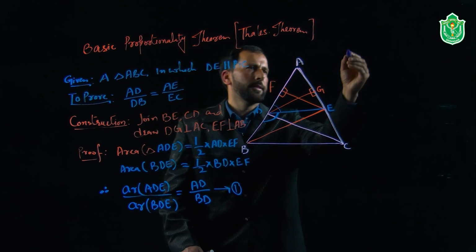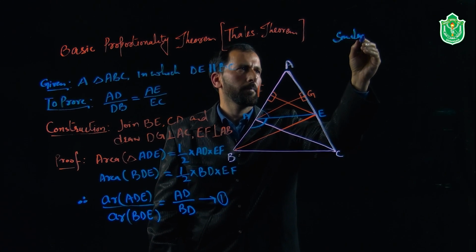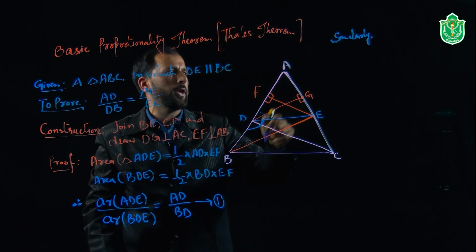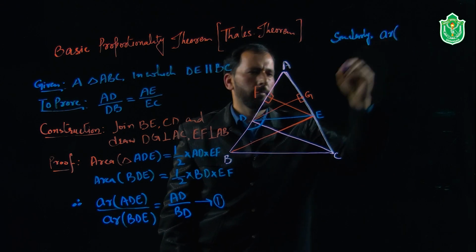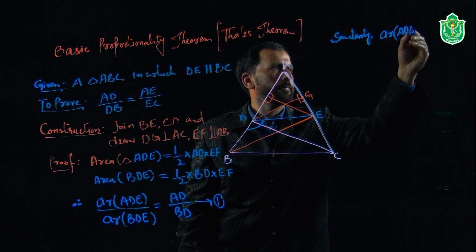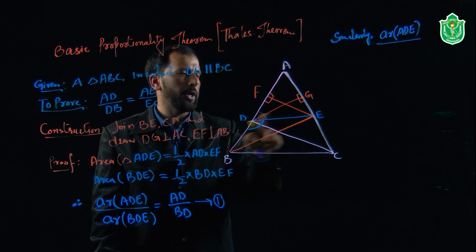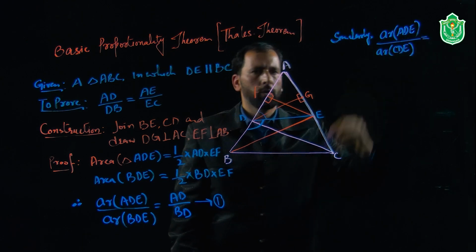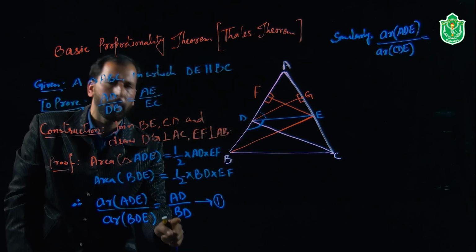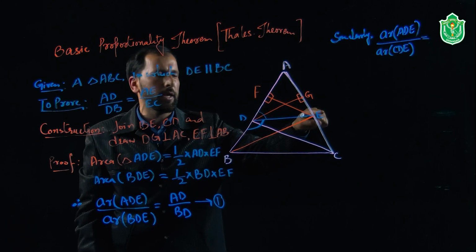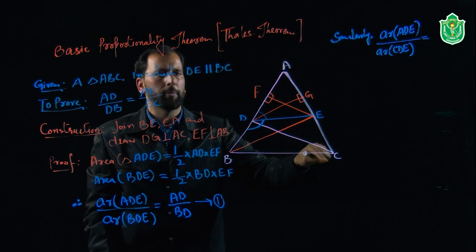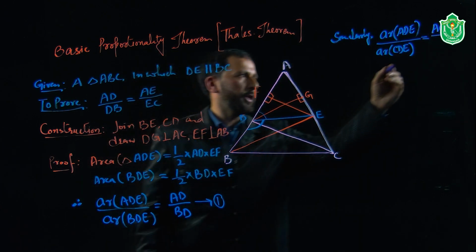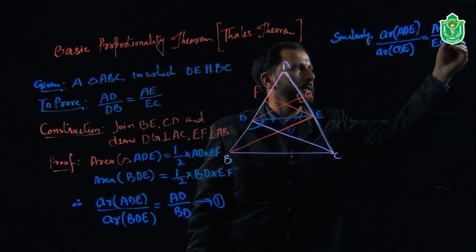Similarly, we can prove from this side, area of triangle AED or ADE divided by area of CDE is equal to, same in these two triangles, but from these two triangles ADE and CDE we get AE divided by EC, and call this equation 2.